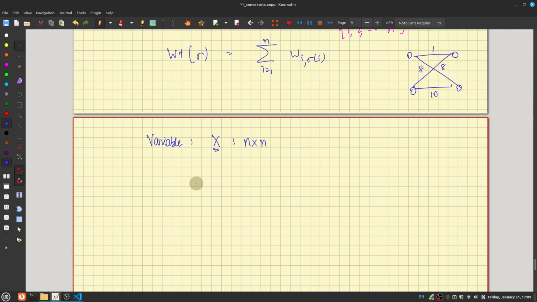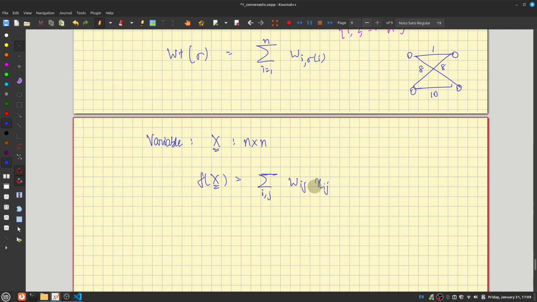Then what is the objective function? What is the weight of that particular matching? It would simply be the summation over all possible i and j of wij xij, only if X corresponds to a perfect match.